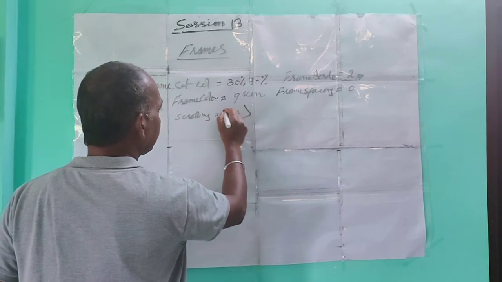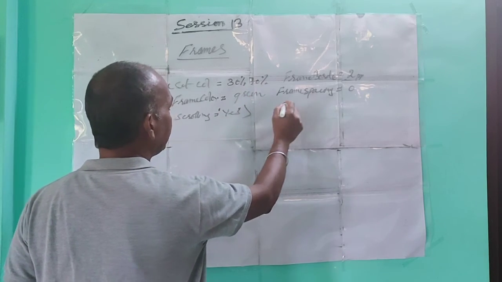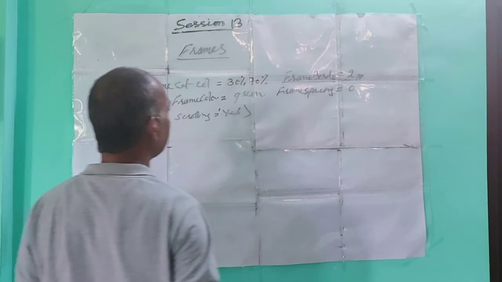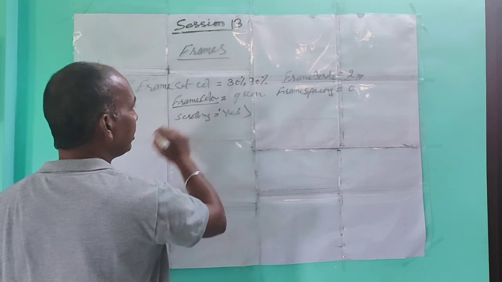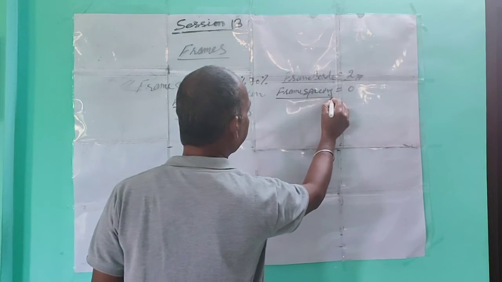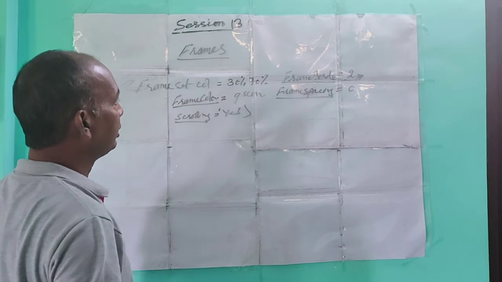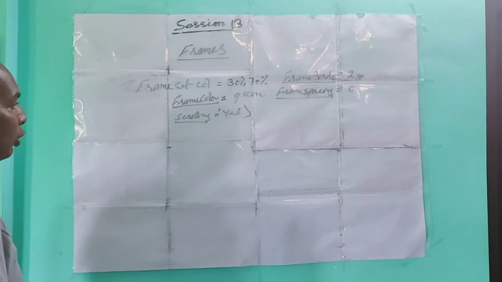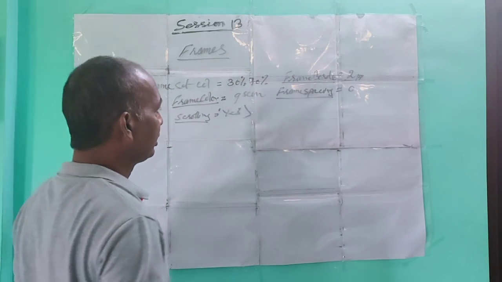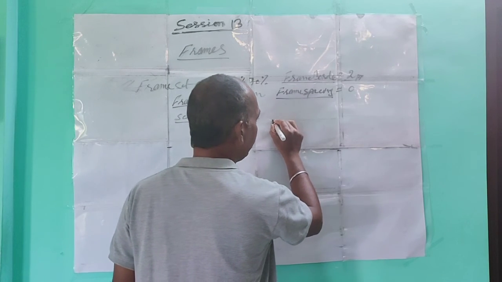So these are the attributes: first frameborder, second framecolor, third framespacing, fourth scrolling. When you use these attributes in the HTML document, the page would look like this.